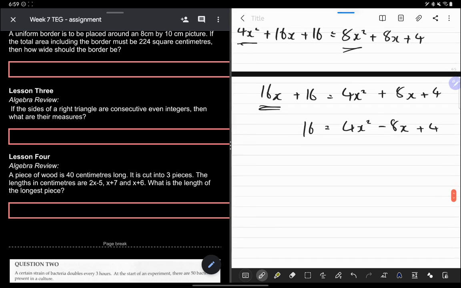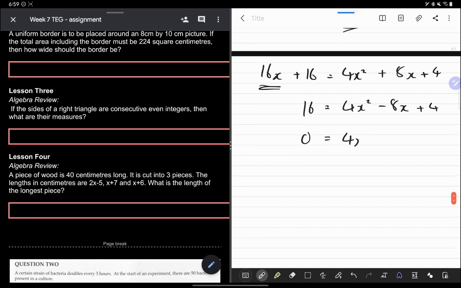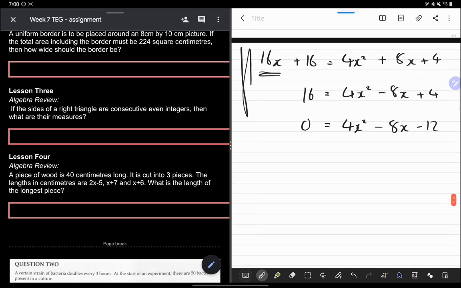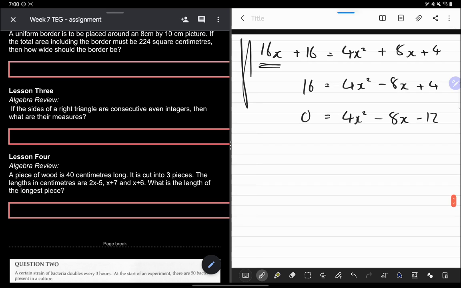And I get that. And then lastly, I want to minus 16. Now, the last 3 lines, by the way, you can choose to do it all in one go. I am just doing it step by step, each line, just to make it clear what is happening. Otherwise, it's not necessary. These 3 lines or so, you could do in just one jump if you can. But I'm just trying to be clear.